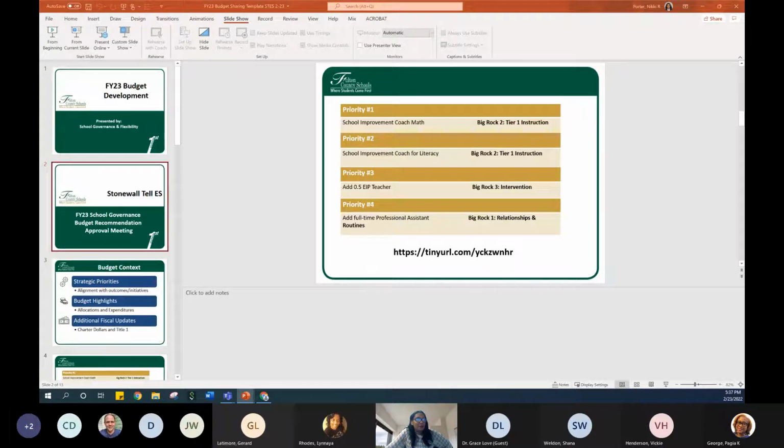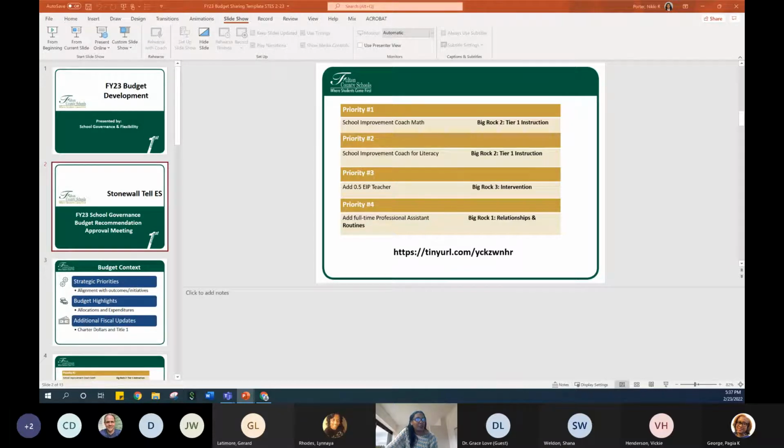Our priorities, we have big rocks for Fulton County schools aligned with relationships and routines, Tier 1 instruction and interventions. So our priority one was to purchase a school improvement coach. We do have a school improvement math coach this school year, and this is the first year Stonewall Tell Elementary School has had instructional coaches, and that will support Tier 1 instruction in math. For priority 2, to support Tier 1 instruction in reading, we purchased a literacy coach.